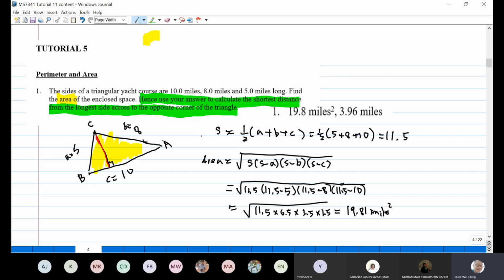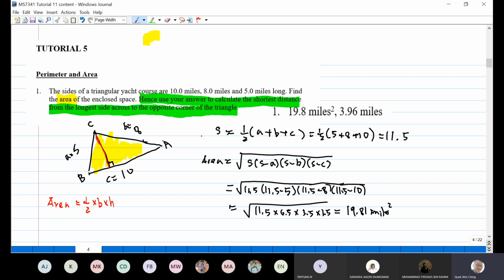So again, they use the area of triangle. Area of triangle is what? Yeah, another formula. Area of triangle is equal to half times base times height.